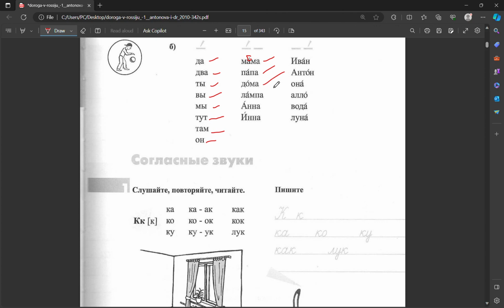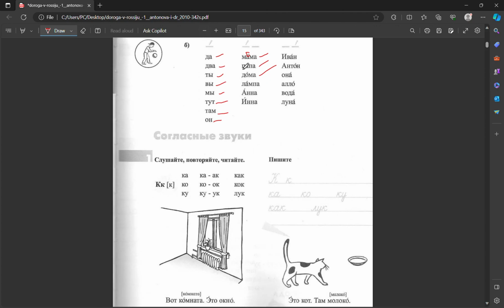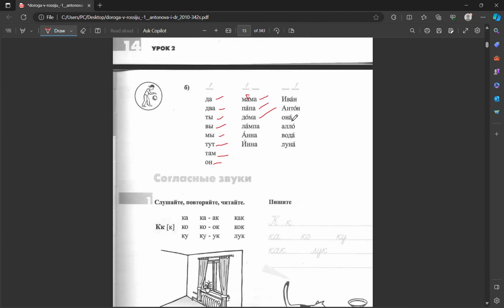Дома means in the house. I have a clarification here. The word house in Russian is dom. We pronounce it as dom, as an individual word, without adding things like in.